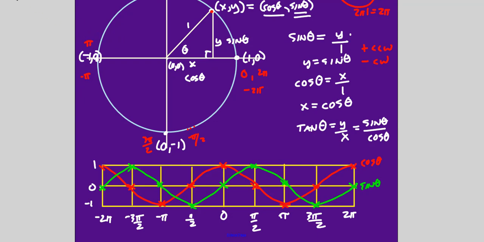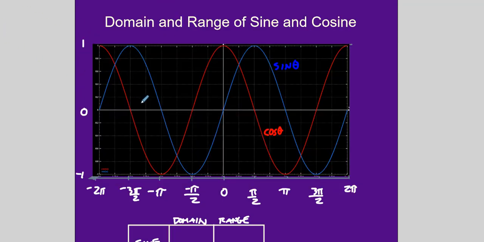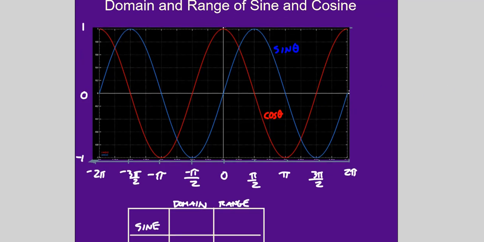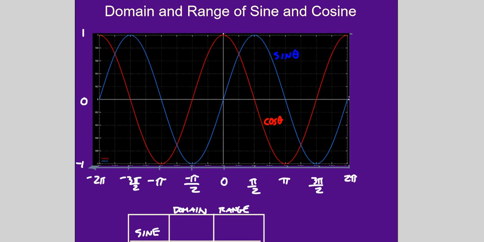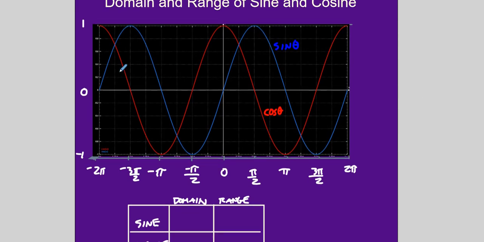Okay, so here's sine and cosine graphed on a computer program. So let's talk about the domain and range of sine. For sine, the domain is all real numbers, because it goes from negative infinity to positive infinity.